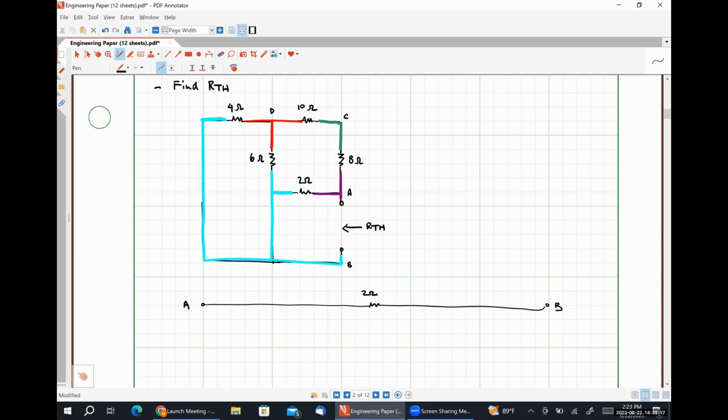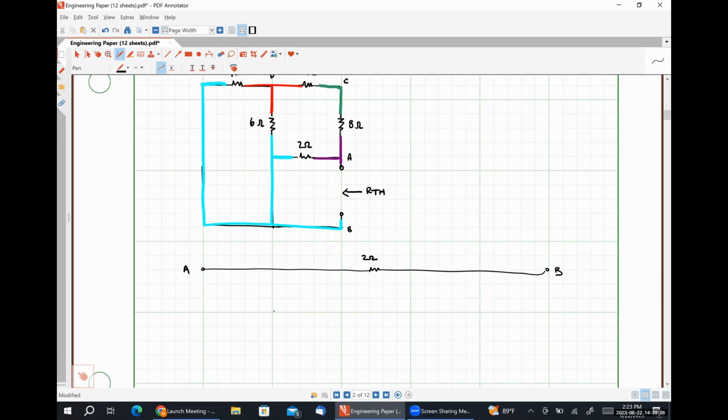I could also go from A to C. So let's put C here. So to go from A to C is the 8 ohm resistor.